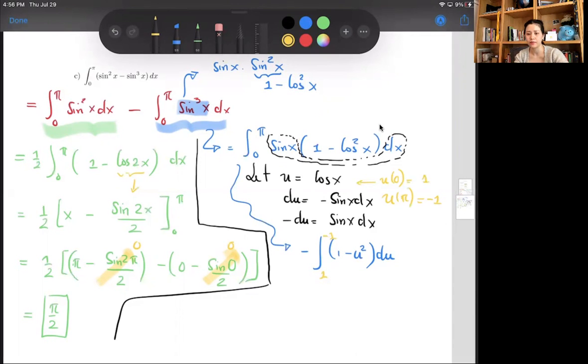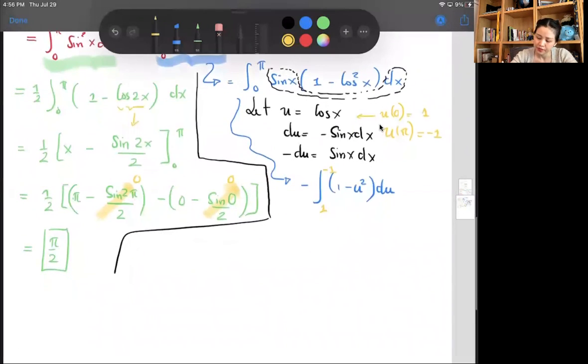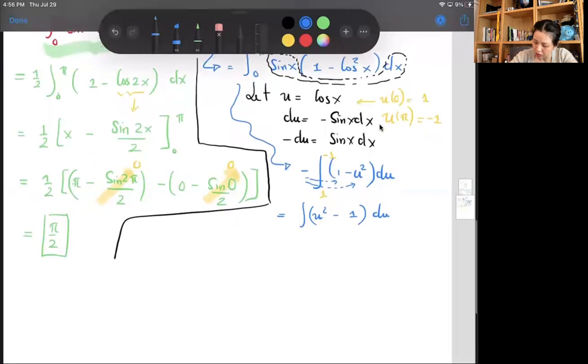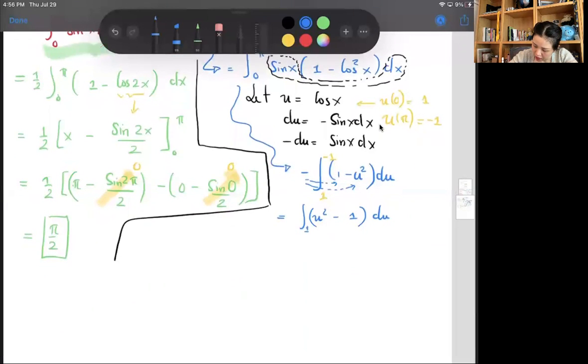Before I integrate, I'm going to distribute the negative. So I have the integral of u squared minus 1 du, with limits from 1 to -1.